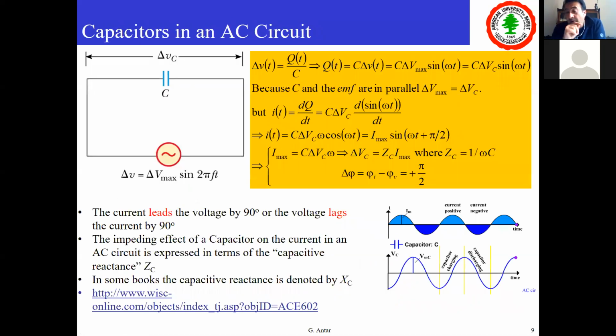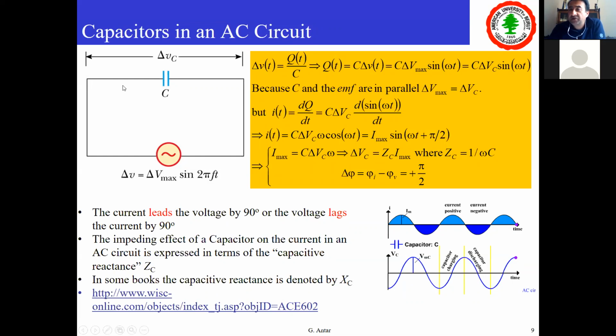Now, if we move on to the capacitor, we're going to use that delta V of the battery is equal to delta V of the capacitor. On the left-hand side, I have delta V of t, which is delta V of the battery, equal to delta V of the capacitor.